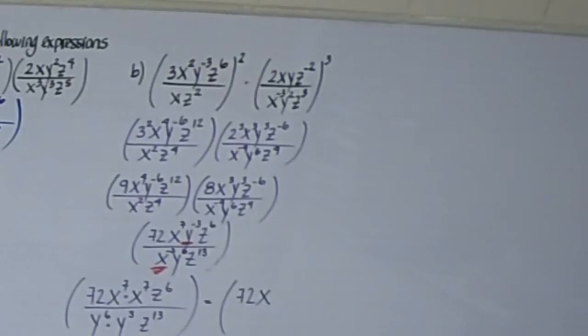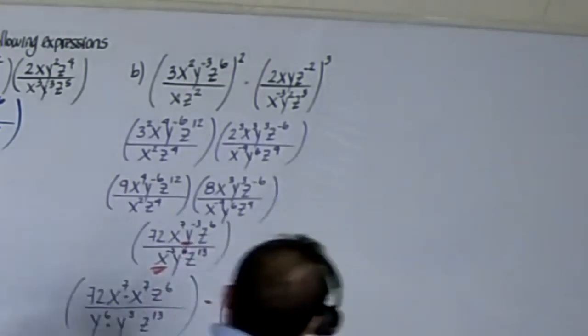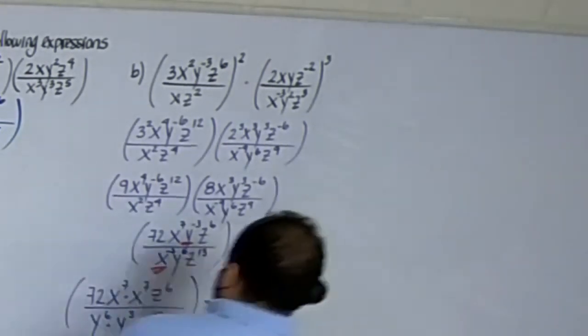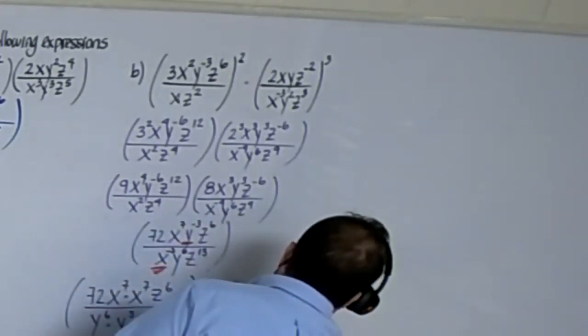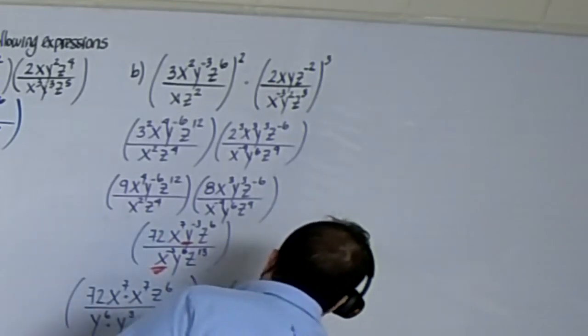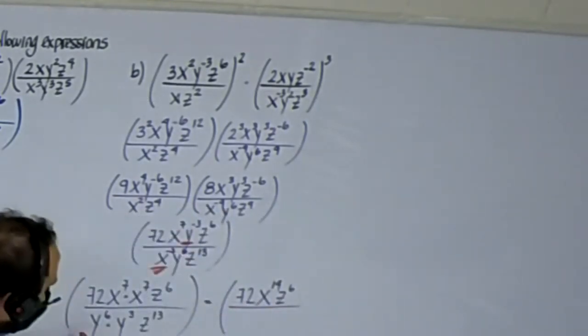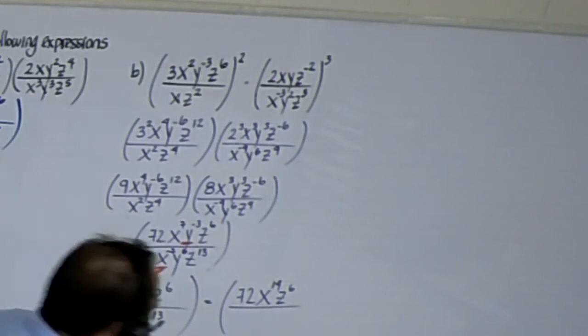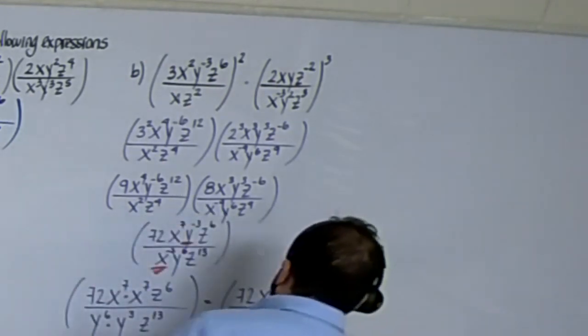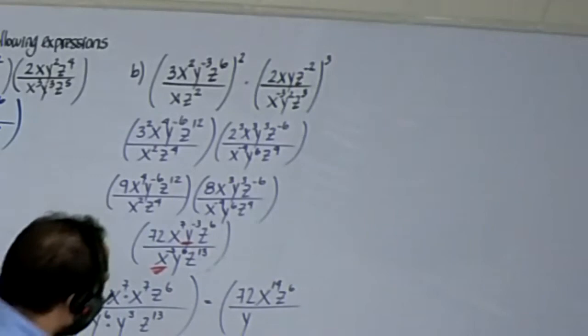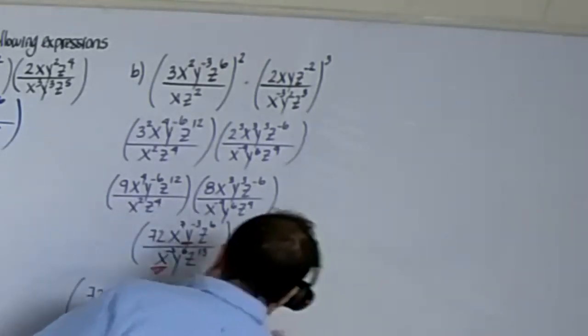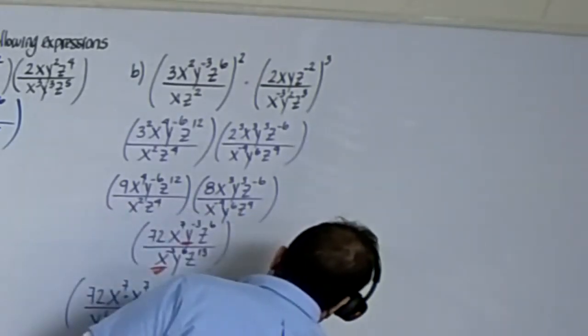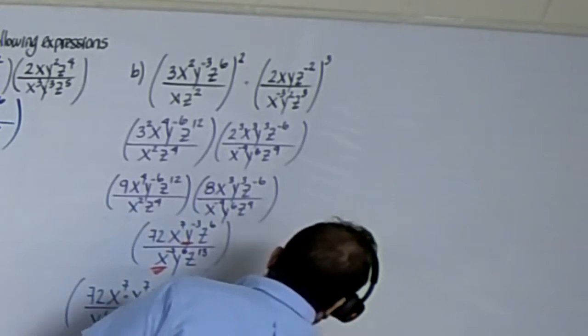Yes, 14. And z to the 6th power over. The same happens over here. I'm going to copy y, but y to what power? 9. The 9th power. And finally, z to the 13th power.